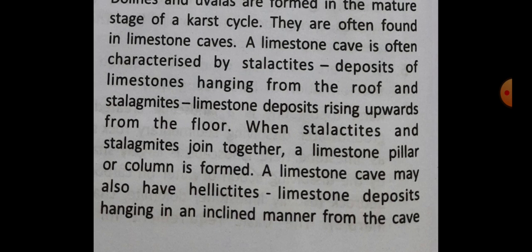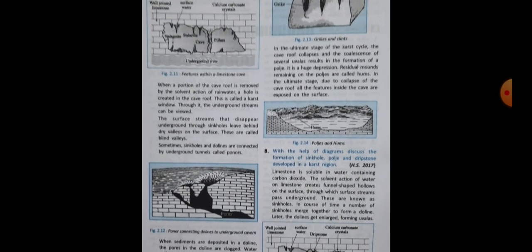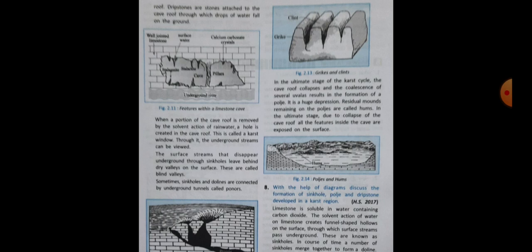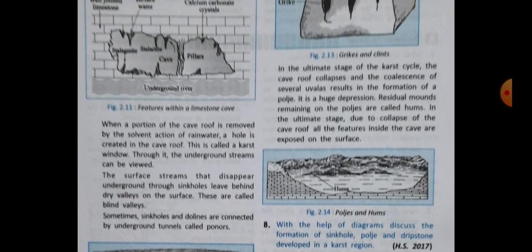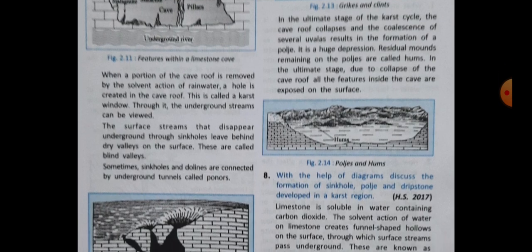A limestone cave may also have helictites, limestone deposits hanging in an inclined manner from the cave roof. Dripstones are attached to the cave roof, through which drops of water fall on the ground. So here the diagram is given: stalactite, stalagmite, cave and pillar.